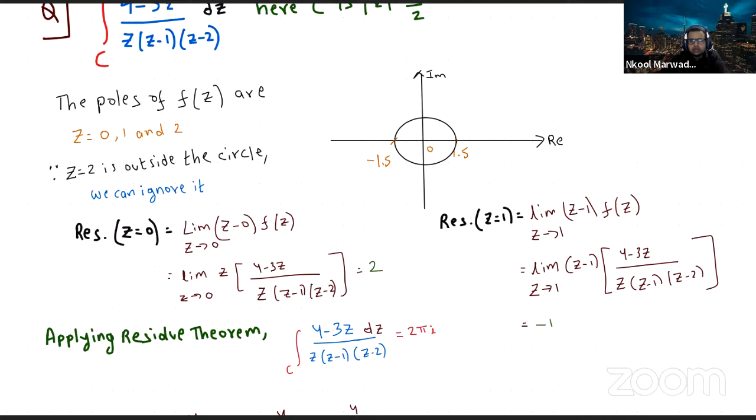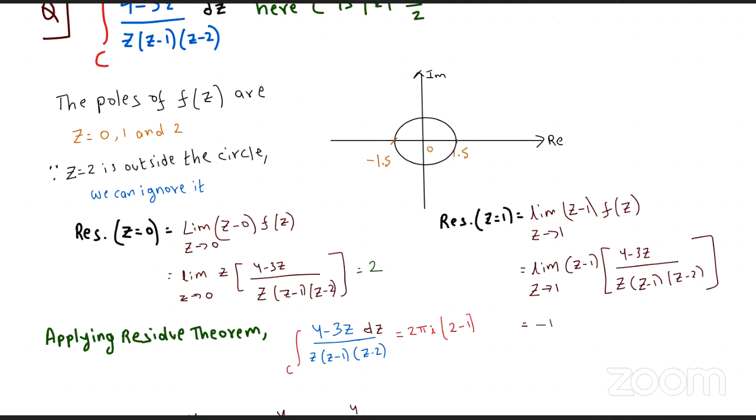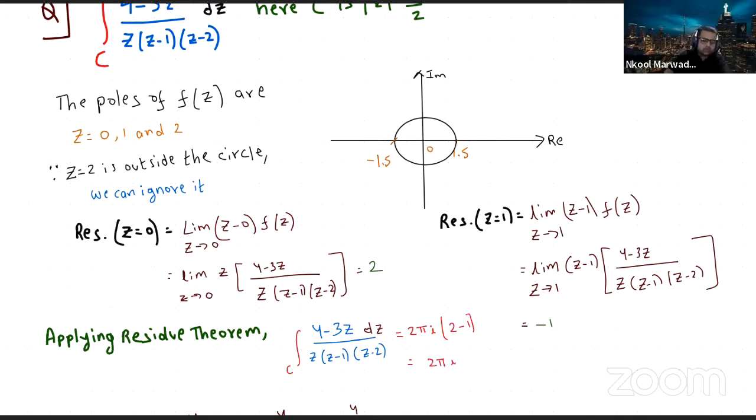So 2 minus 1 gives 1, and the answer will be 2 pi i. So this integration we did using the residue theorem.